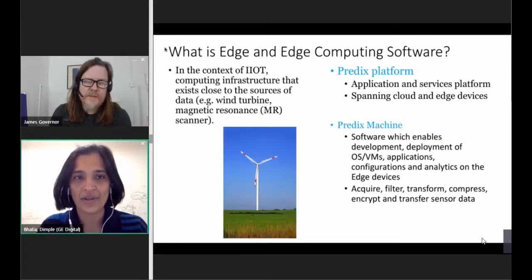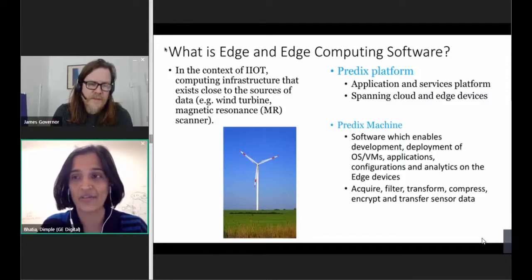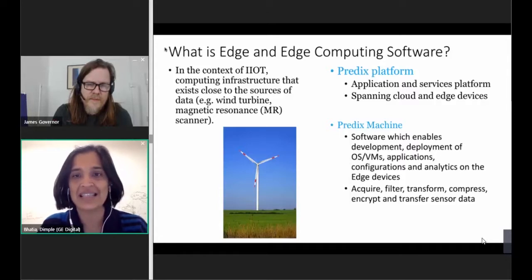So let's start with first, what is the edge and the edge computing software. If you think about it in the context of industrial Internet of Things, you have a variety of assets, like your machines, your wind turbines, windmills that are generating tons and tons of data.